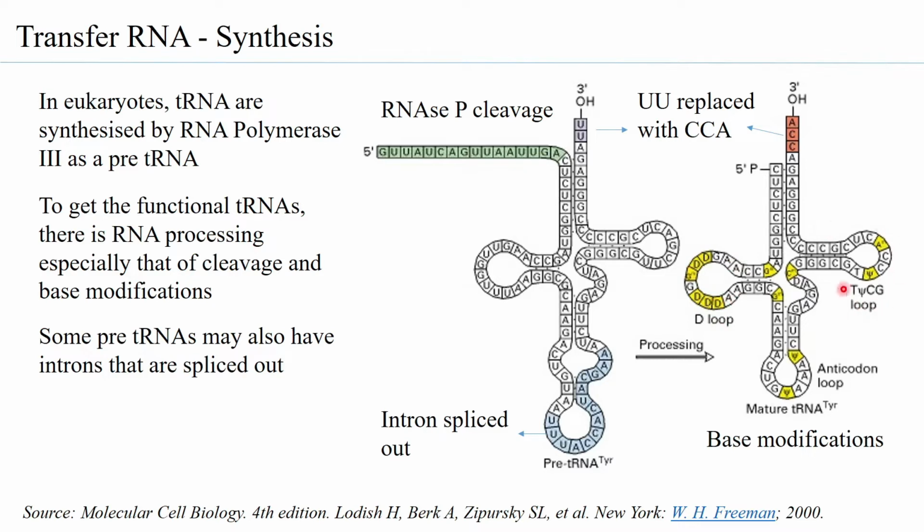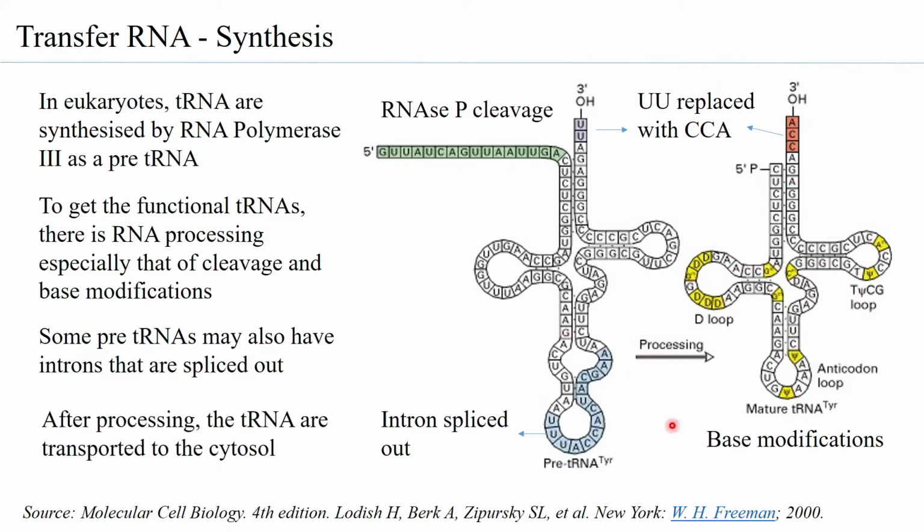Similarly, in the T loop, a uridine is changed to ribothymidine, or a uridine is changed to a pseudouridine. So you will find several such modifications in the D loop, in the T loop, and also in the anticodon region. These modifications are considered important for the formation of the tertiary structure, as just seen before.